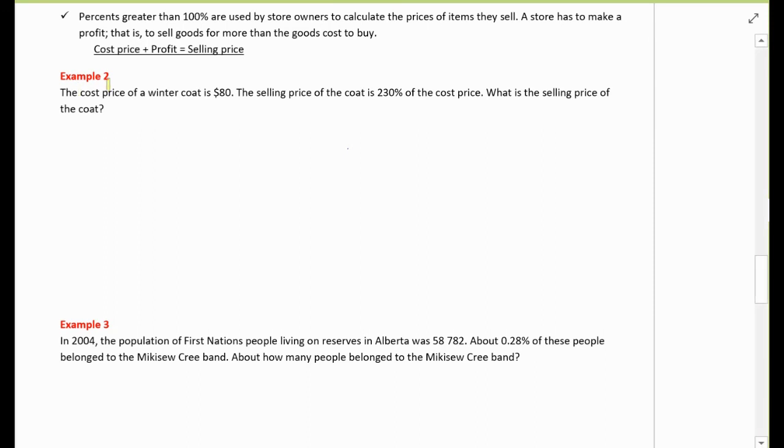All right, example 2. The cost price of a winter coat is $80. So I want you to write it down. The cost price is $80. And everyone, if you're a store owner, if you buy something at $80, would you sell it at $80 or would you leave some profit?